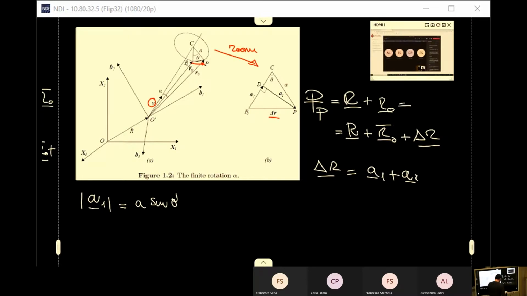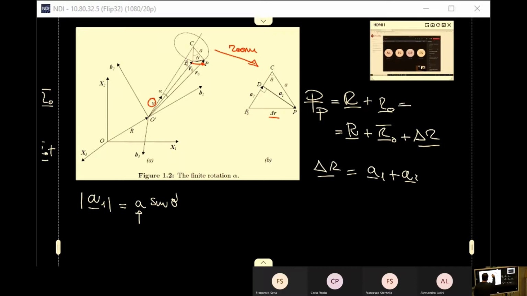But now, how can we rewrite A? A, which is CP or CP0, they are the same, can be thought of as R0 times the sinus of alpha. Can you see it from the drawing?